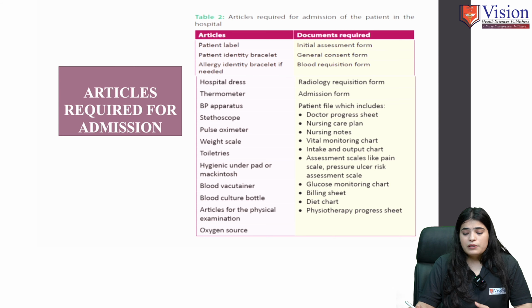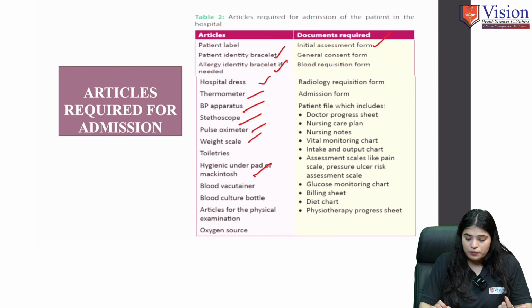For example, assessment form, identity bracelets, allergy identity bracelets, hospital dress, basic equipment for assessment like thermometer, BP apparatus, stethoscope, pulse oximeter, weight scales, toiletries, hygienic underpads or Macintosh, blood vacutainers, blood culture bottles, articles for the physical examination and oxygen source. These are some of the articles which we require at the time of admission.